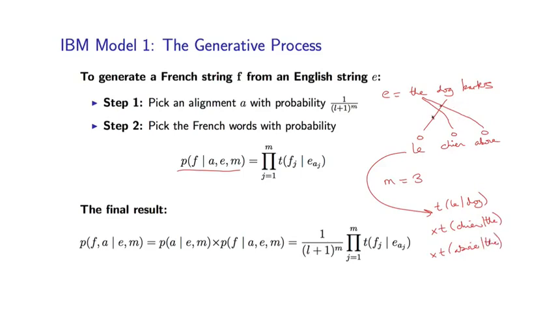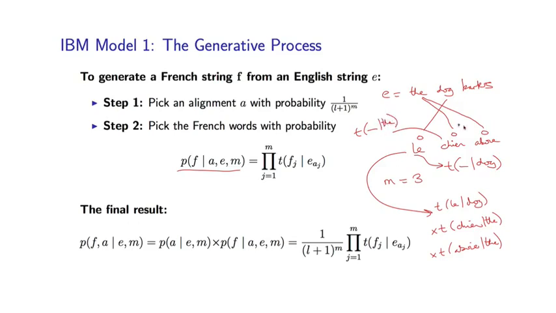Of course, this is a very unlikely alignment given these 2 sentences, but it's nevertheless possible. And so intuitively in the second step, the generative process is for each French position, we choose a French word at random from the distribution defined by T. So for example, this word is chosen from the distribution T of the word given dog. And this word is chosen from the distribution T of the word given the.